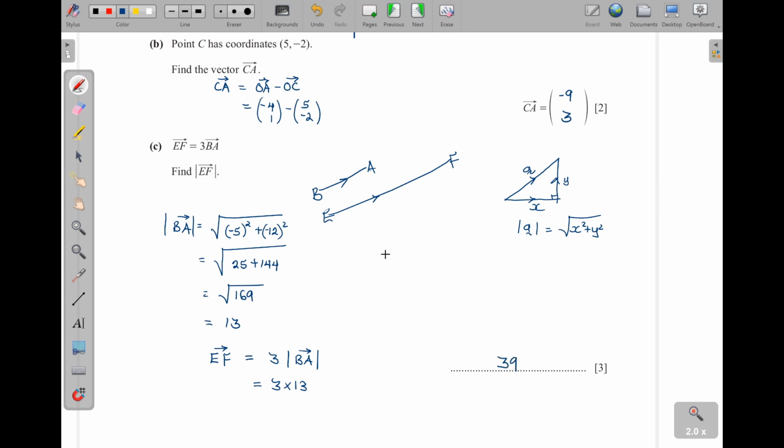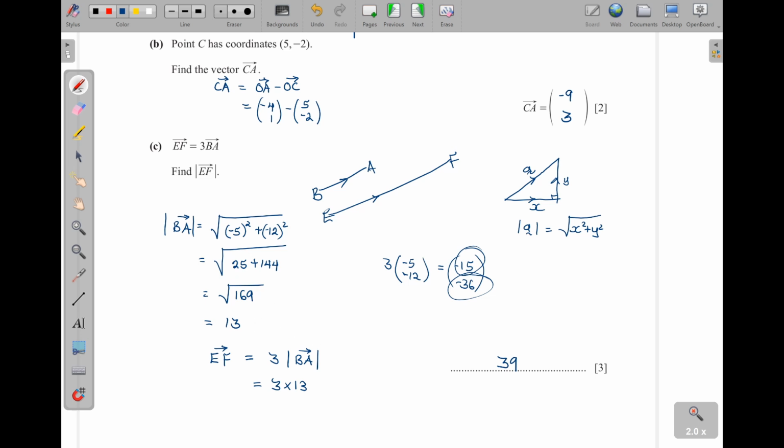Now, if you first find 3 of BA, it might give you a hard time. You have 15 here, then you also have 36 here. Then you square this one, you also square this one, and you add. It is going to give you a hard time to find a square root.